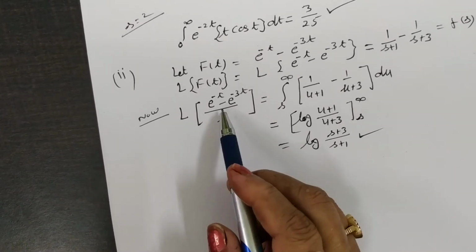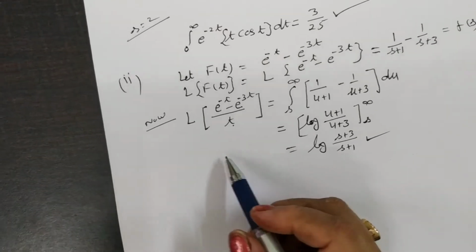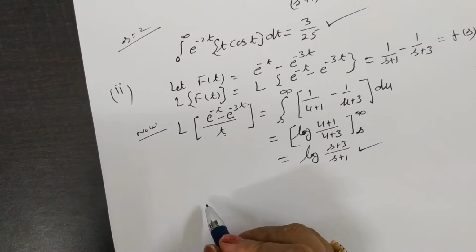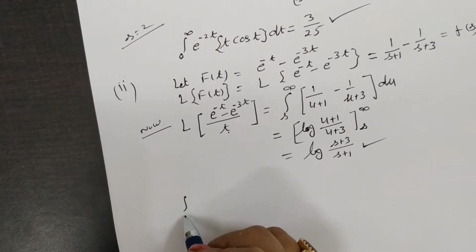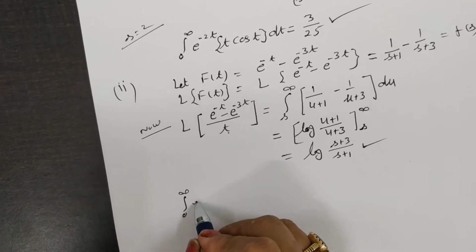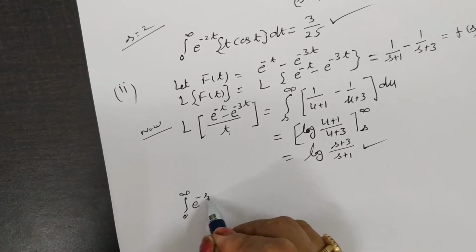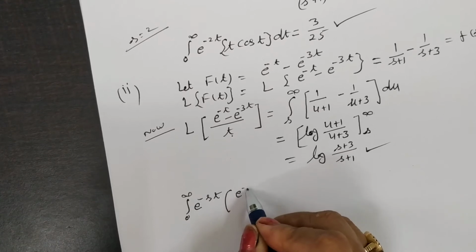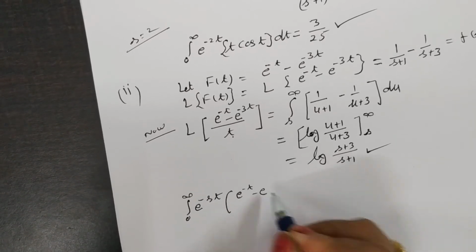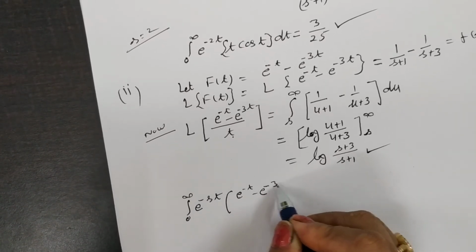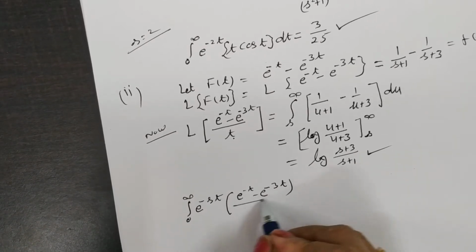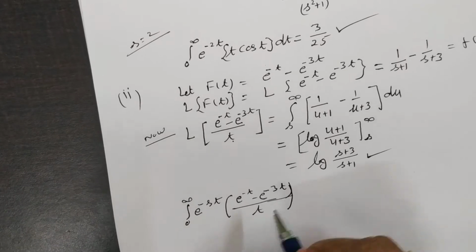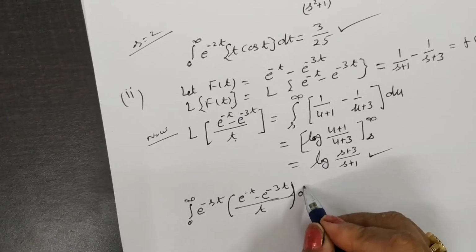The Laplace of f(t) is the integral from 0 to infinity of e to the power minus st, times f(t), which is e to the power minus t minus e to the power minus 3t, divided by t, dt.